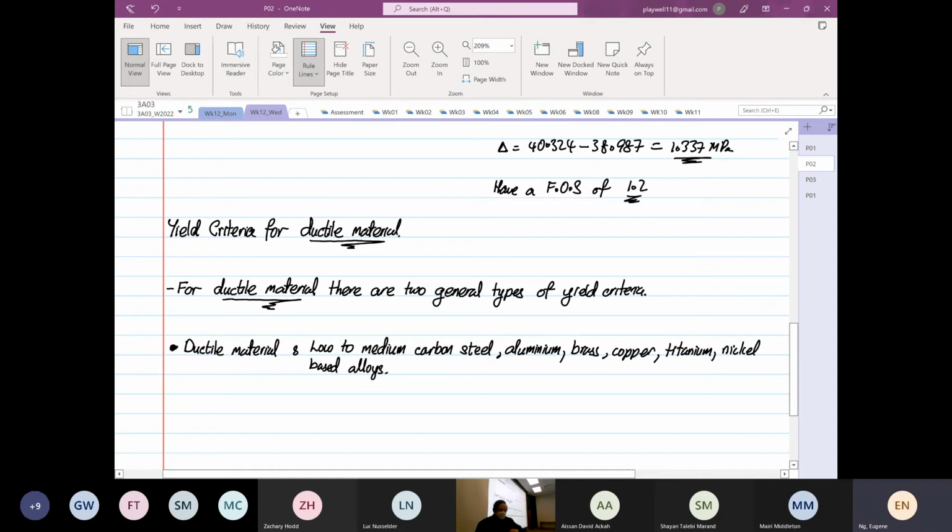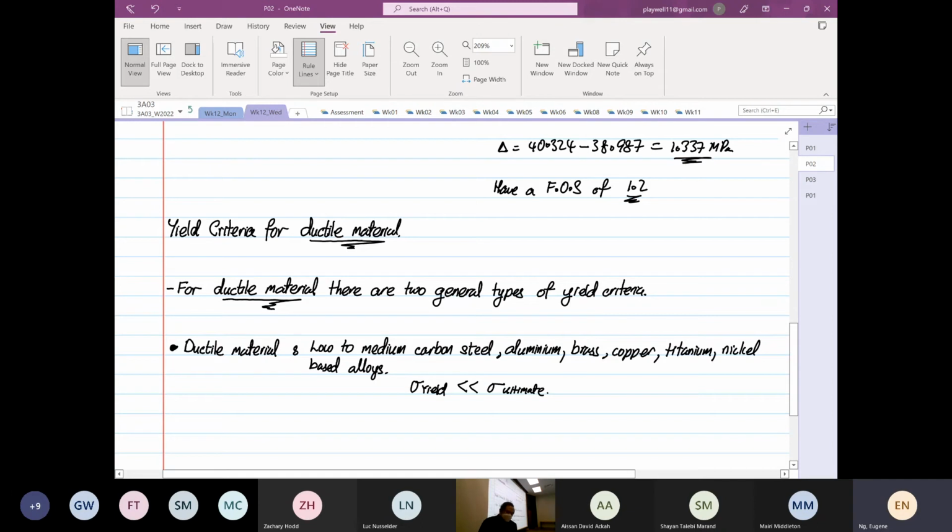Okay. So in general, if you were to ask me, can we look at magnitude? When the yield stress is much smaller than the ultimate.